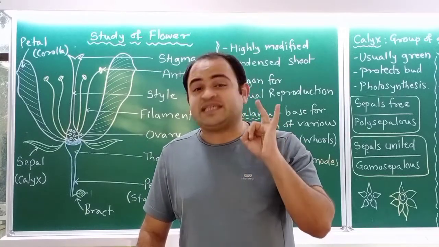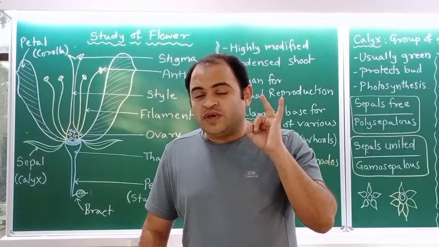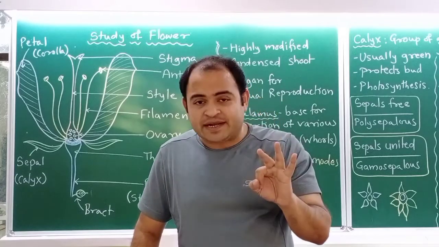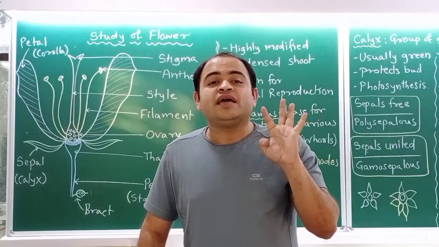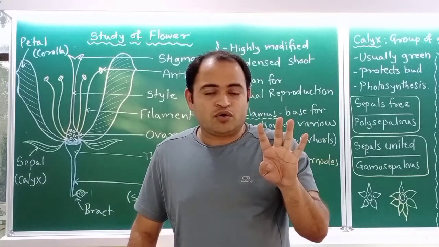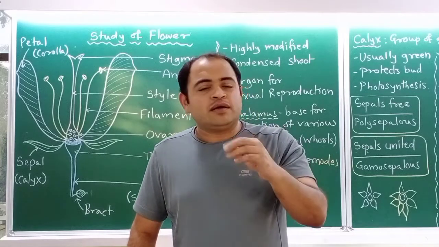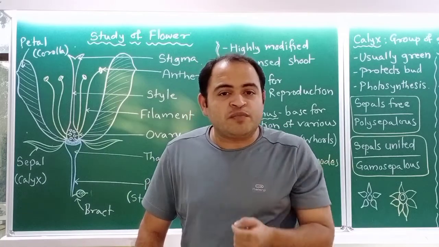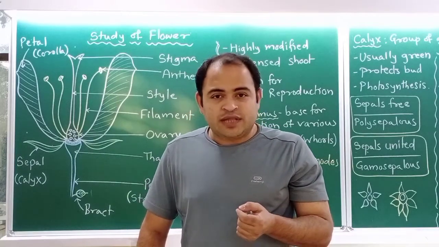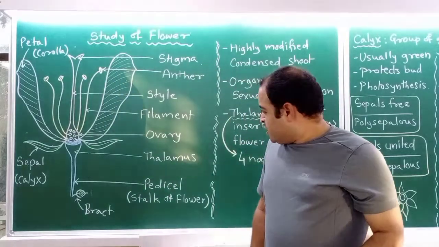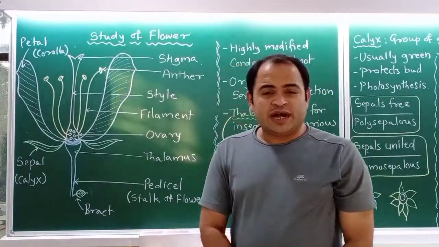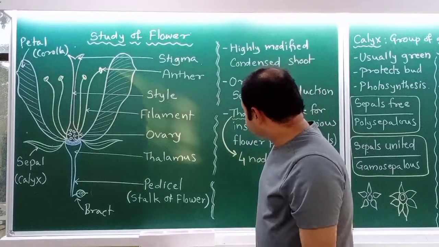Without pedicel, sessile. With bract, bracteate. And without bract, ebracteate. I think some of you are writing the words spoken by me. That much you should write at least in your notebook or practice notebook.